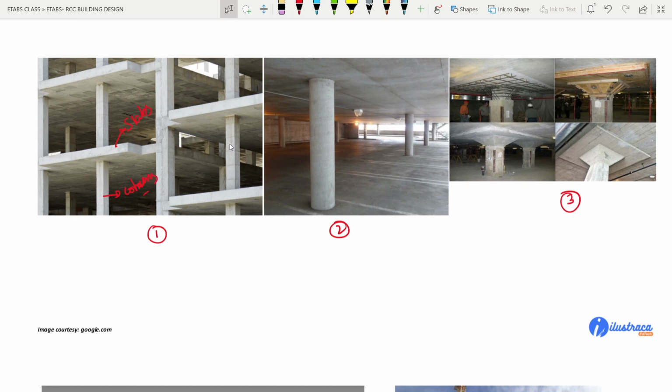But we don't have any beam. So this particular system where we have columns and slabs is called flat slab system in RCC.